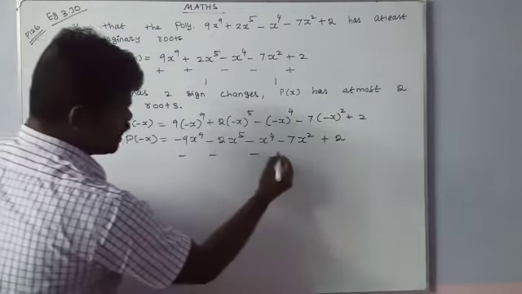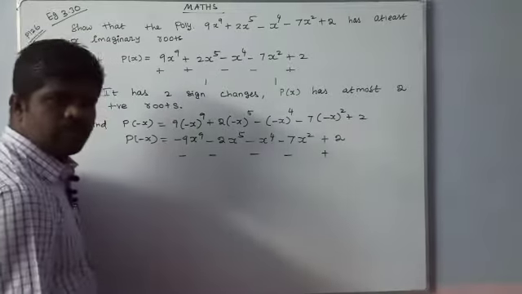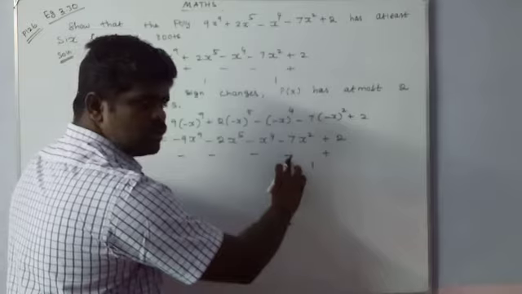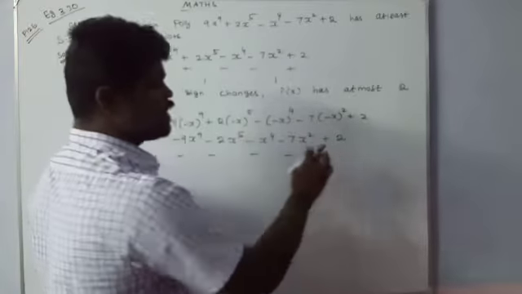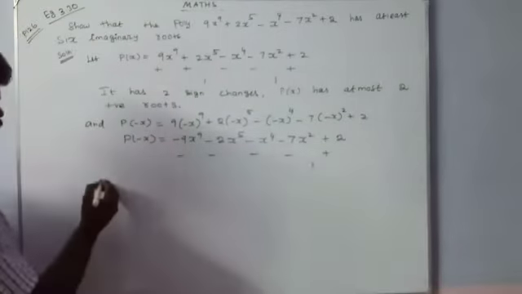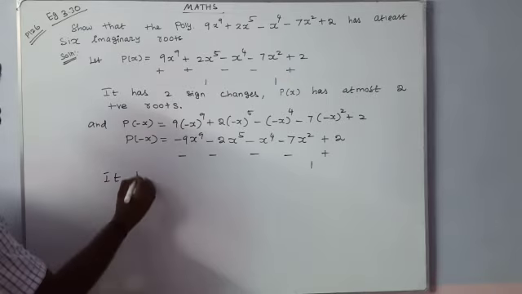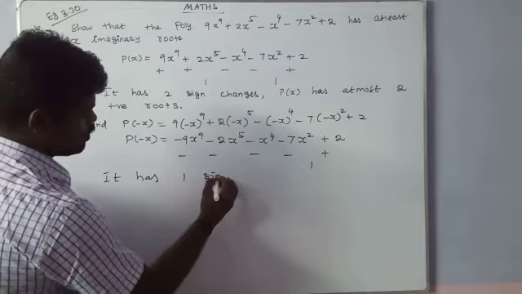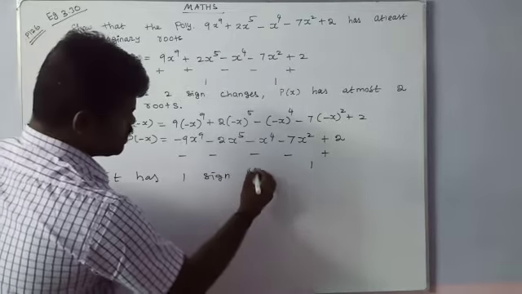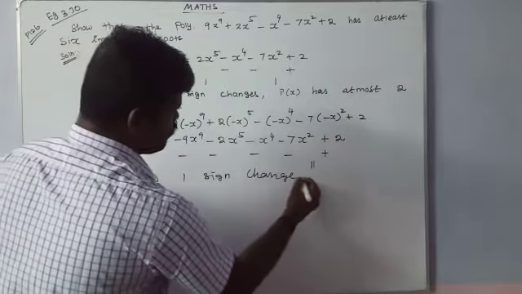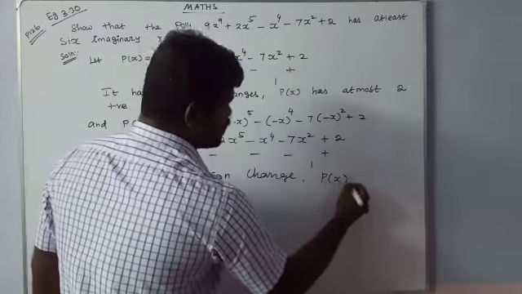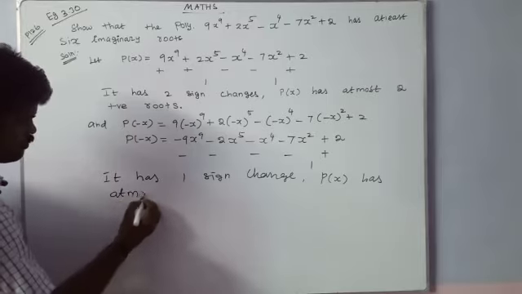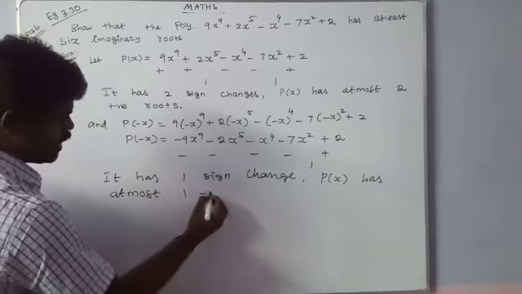So what are the sign changes here? Minus, minus, minus, minus, plus. It has only one sign change. Here all are the same, and here one sign change, minus to plus. Therefore, it has one sign change, so p of x has at most one negative root.